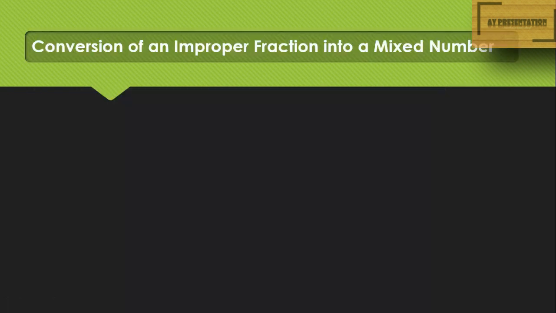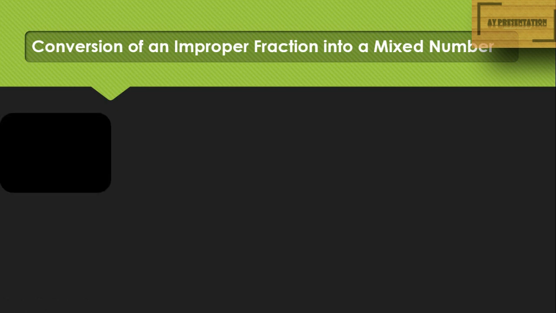Next point is conversion of an improper fraction into a mixed number. Let's learn how to convert an improper fraction into a mixed number. The example shown is 11 upon 5. So 11 upon 5 is an improper fraction, and that fraction we have to convert into a mixed number. Firstly 11 divided by 5.